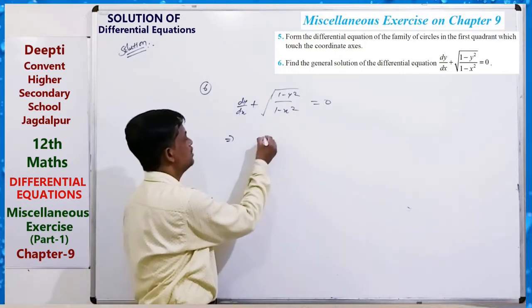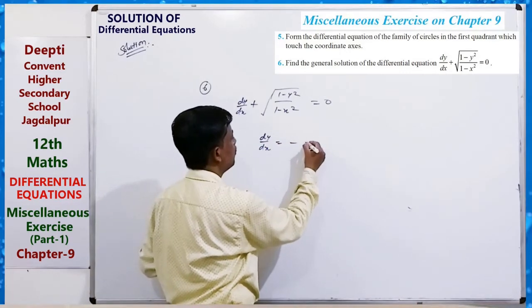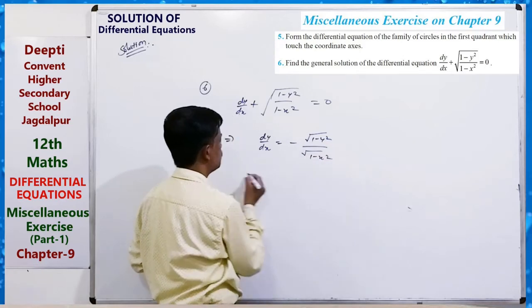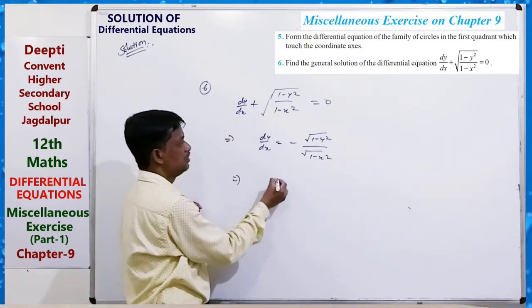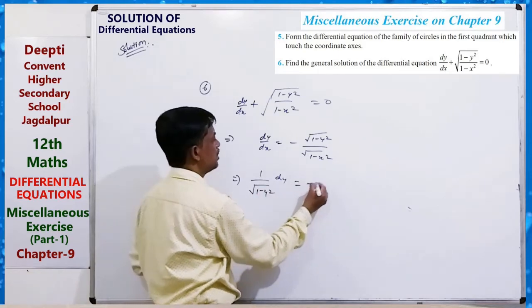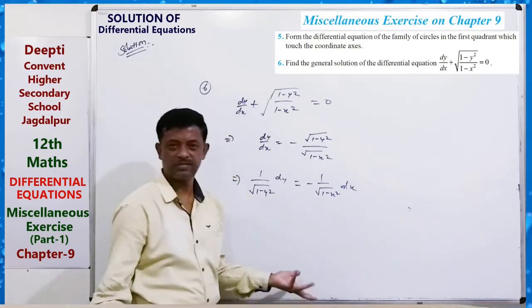So we can write dy upon dx equals minus root of (1 minus y square) upon root of (1 minus x square). So we can write dy times 1 upon root of (1 minus y square) equals minus 1 upon root of (1 minus x square) dx. Separable form.